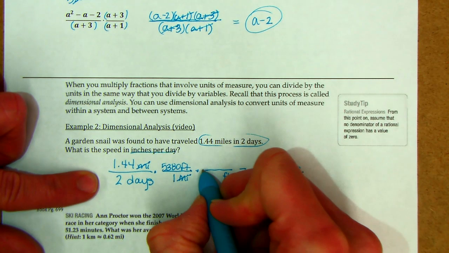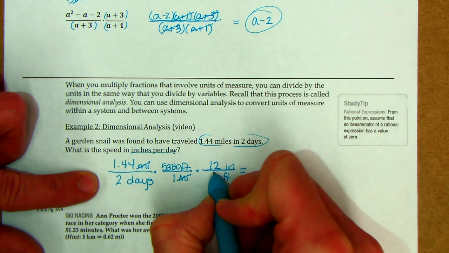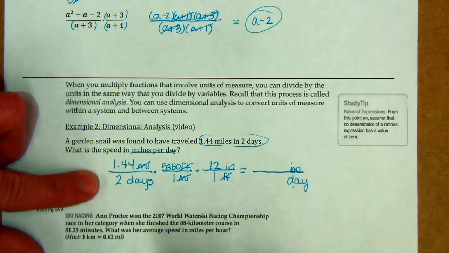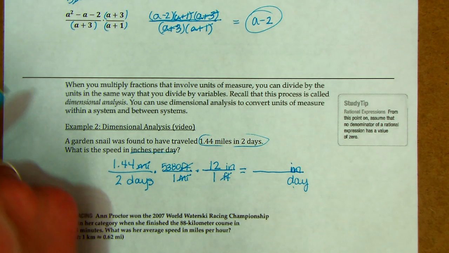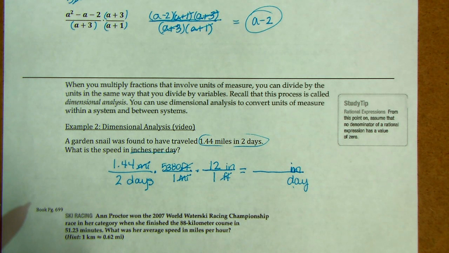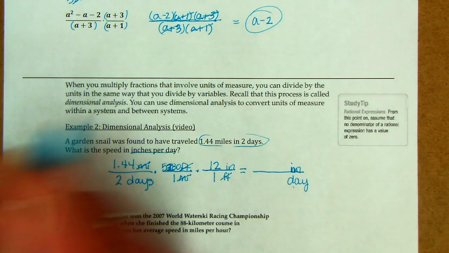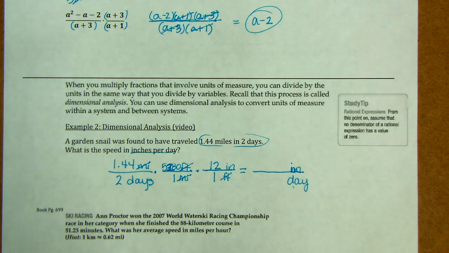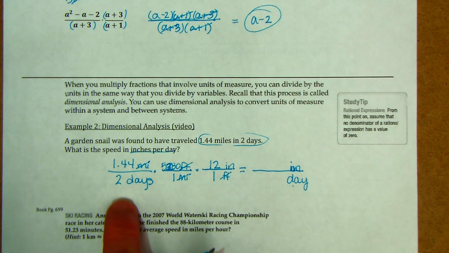So now my feet cancel, and I multiply across. I'm going to take that 1.44 times 5,280, and times 12. And then on the bottom, 2 times 1 times 1 is 2. So I get a really big number, 91,238.4 over 2.